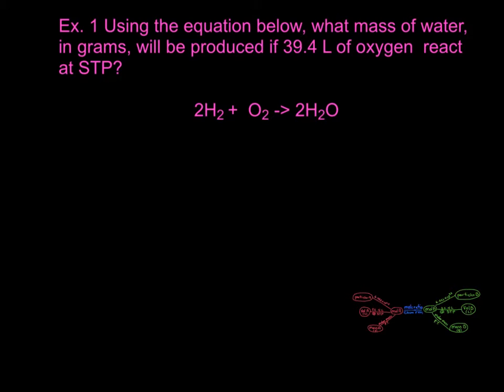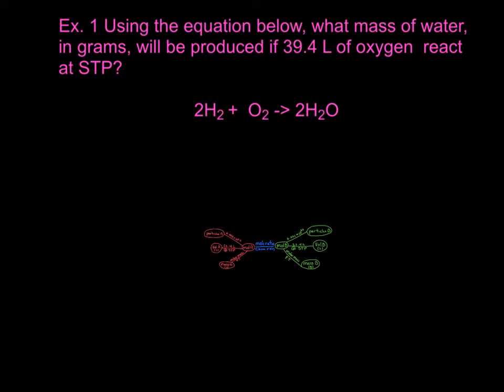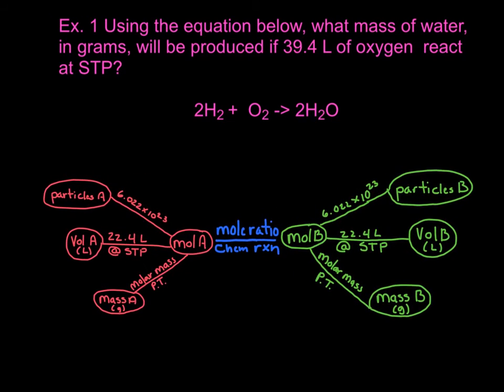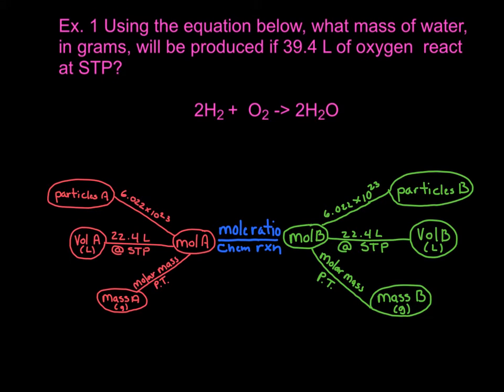Take another look at this problem. There are no moles mentioned in this problem. If we take a look at our stoichiometry map here, if no moles are mentioned, then we are starting somewhere on one of these satellite islands, and we got to get all the way to another satellite island for our other chemical.